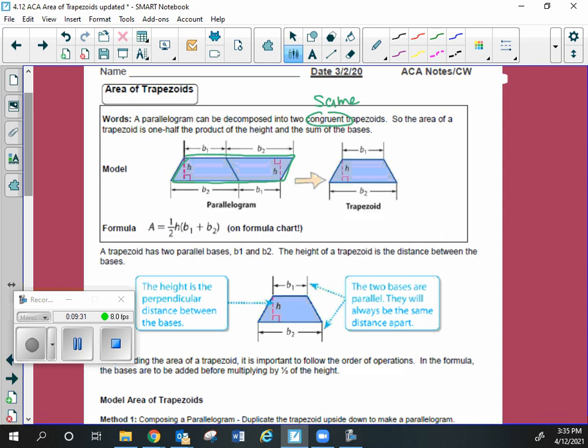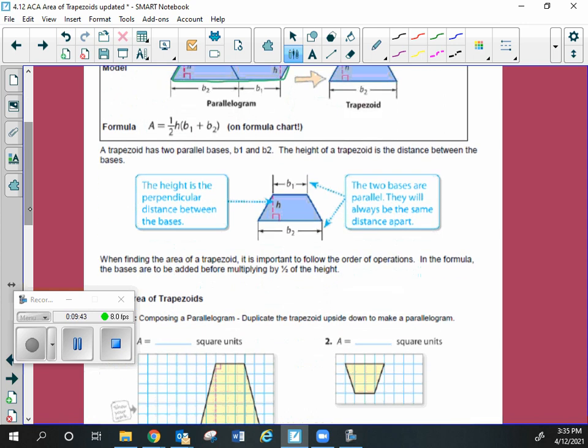Half of it. Okay, so we're going to go through one of the methods we see today, which takes us through that parallelogram and then breaks it down into the trapezoid. But that's how they got the formula. When I break that down, again, the bases have to be what? We just said the bases have to be parallel to each other.